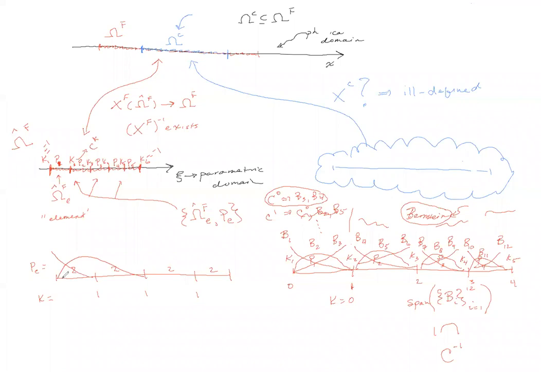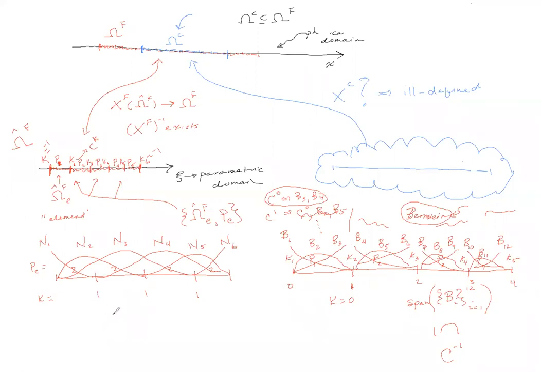It looks like this. Let's call these N1, N2, N3, N4, N5, and N6. Okay, so this is C1. This is a C1 spline space.